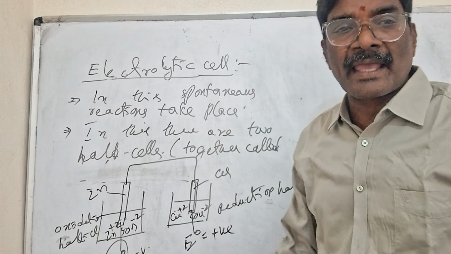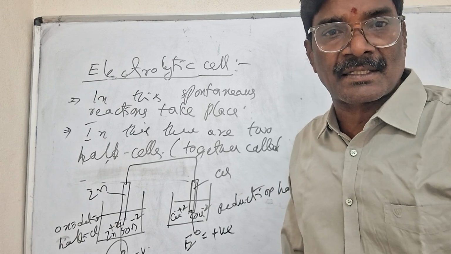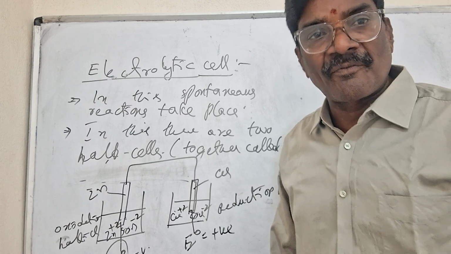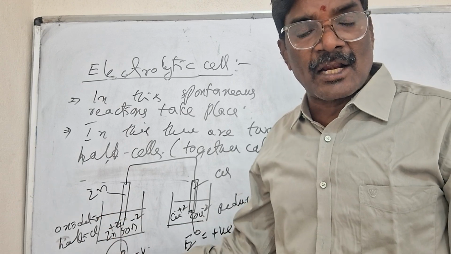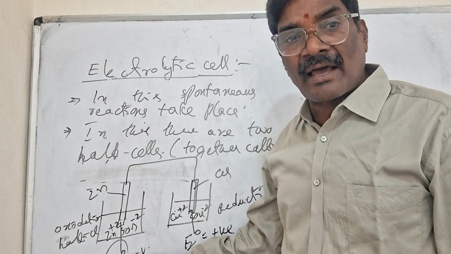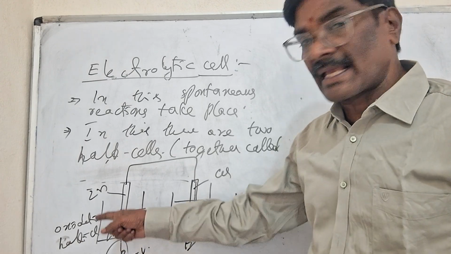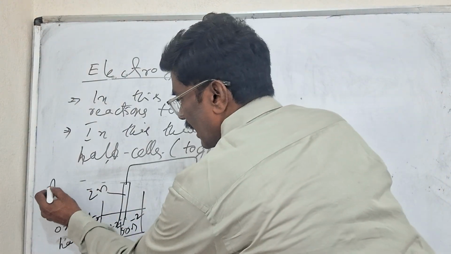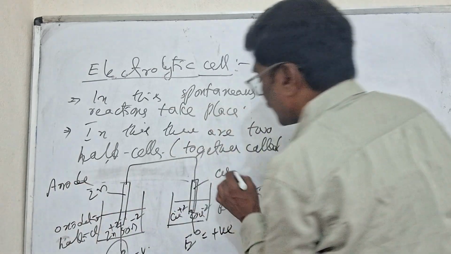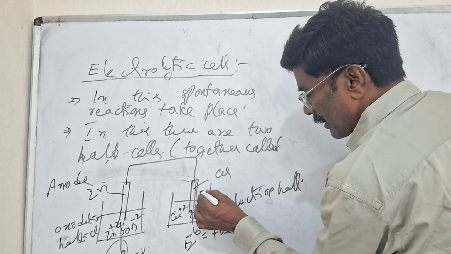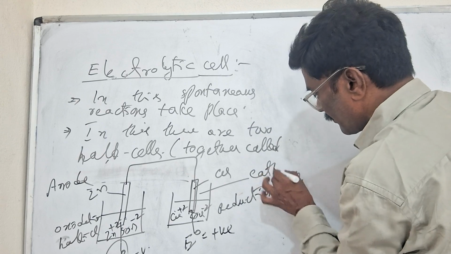This is also a confusing question for many students, so you should be very confident of this. Left side has lesser reduction potential value, right side more. The lesser one is always taken as the anode: the left side is the anode, the right side is the cathode. The copper rod is the cathode.